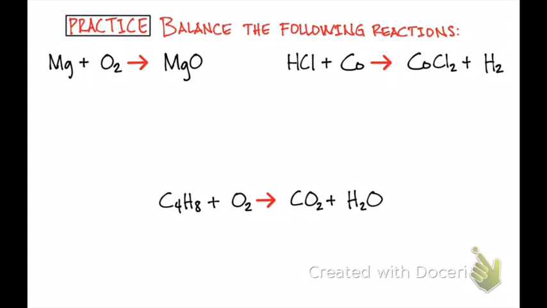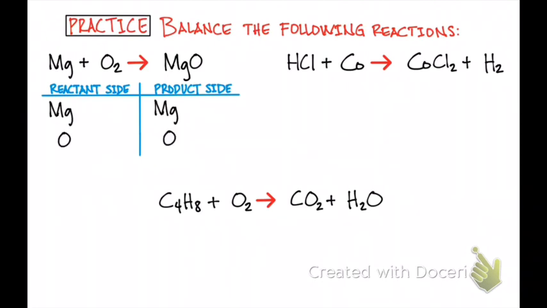So for the first one here, we have the reaction between solid magnesium and oxygen gas. Again, the first thing that you want to do here is to count the total number of atoms for each element. So we have magnesium and oxygen. On the left-hand side, we have 1 magnesium and 2 oxygens. On the right-hand side, we have 1 of each.